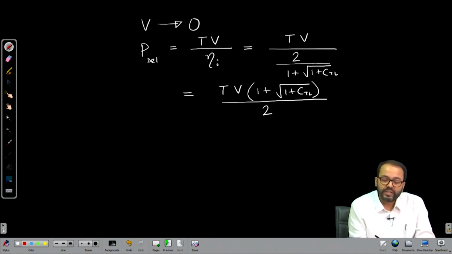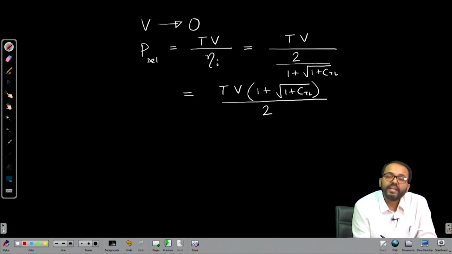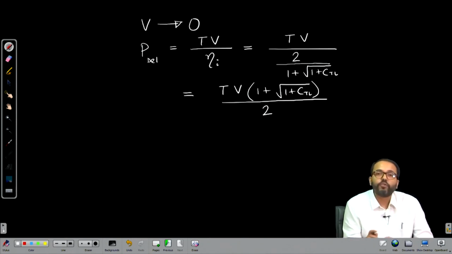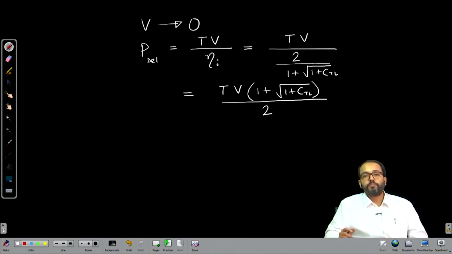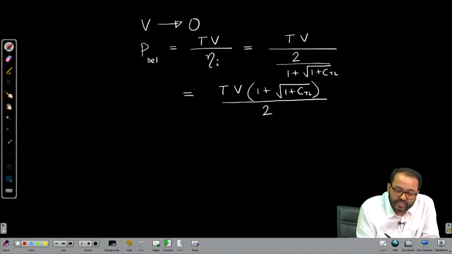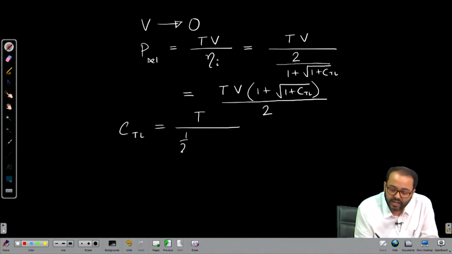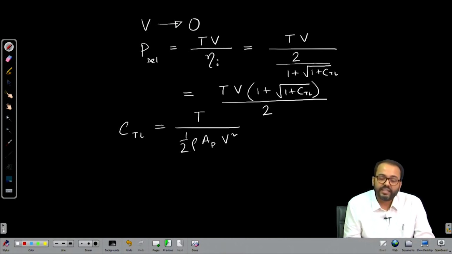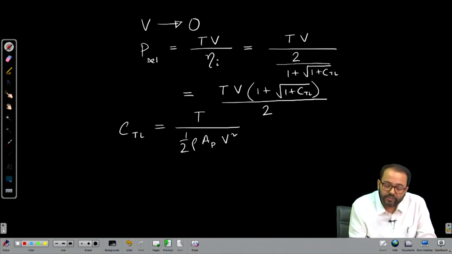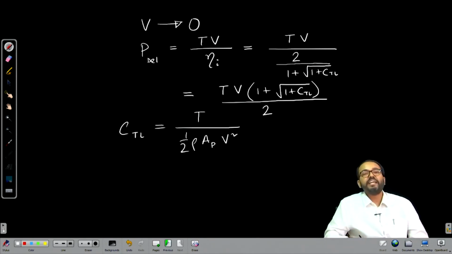Now, when the velocity, the forward speed of the propeller, in this case the momentum disk, is 0, what happens to the thrust loading coefficient? CTL is given by T by half rho AP into V square, right. So, when the velocity V is approaching 0, CTL will be extremely high, right, at velocities close to 0.